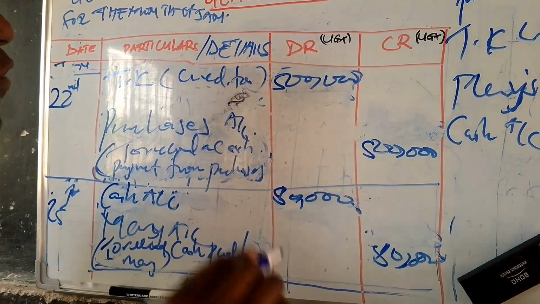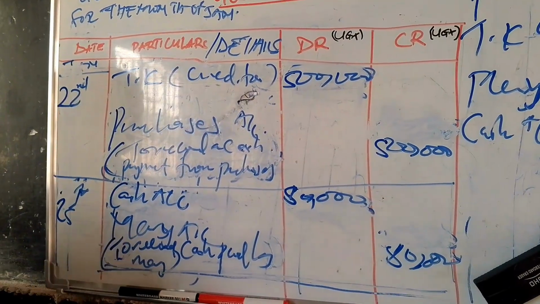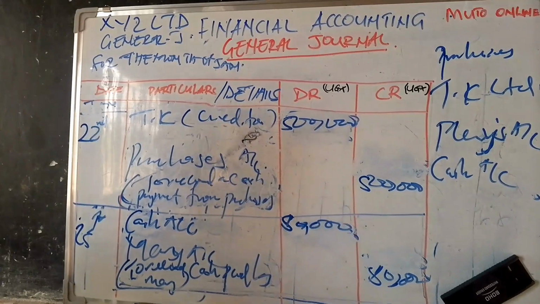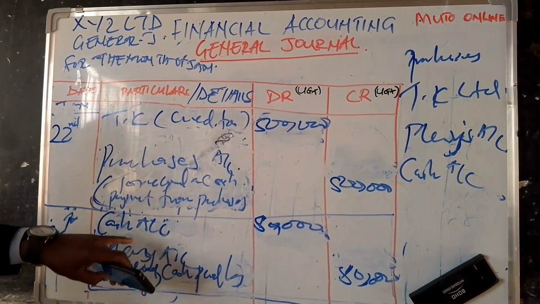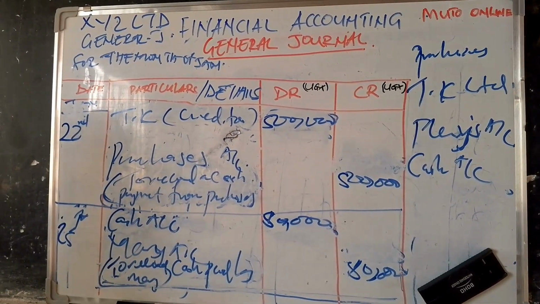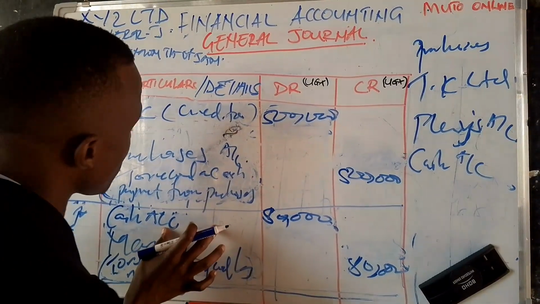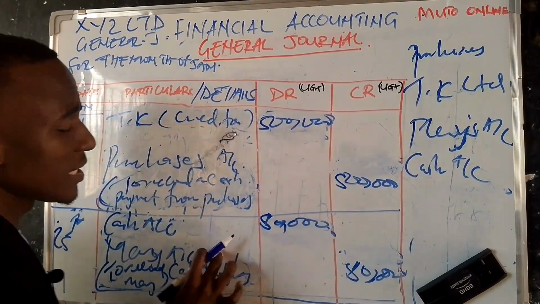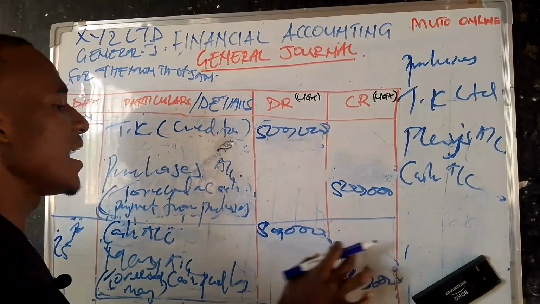Remember, we are not giving a mark to a transaction that doesn't have a reason. So here, you see our accounts. Cash is gaining from Mary, and the cash is going to be debited by 80,000, and Mary's account is going to be credited with 80,000 to have a balancing figure.